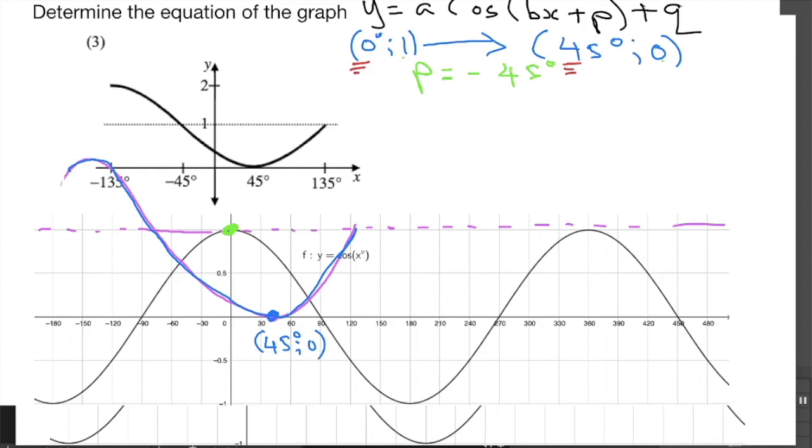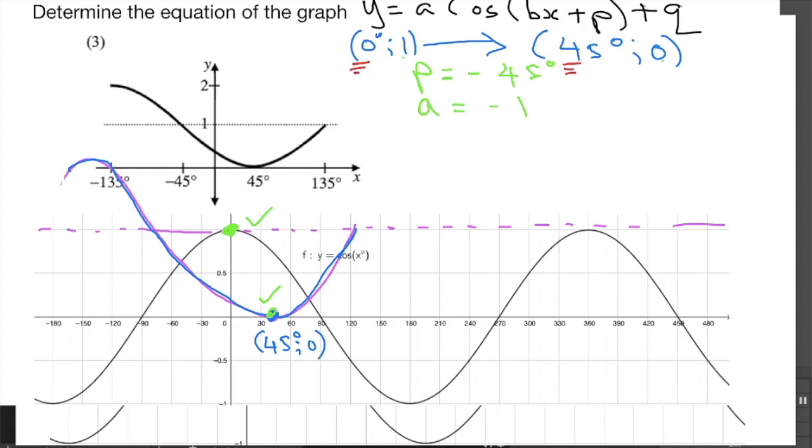And if you actually look at the diagrams that are drawn here and look at the turning point, it looks like these turning points are reflections of each other along some line. So in this case, we are reflecting first of all along the x-axis, which means again that a must be equal to negative 1.